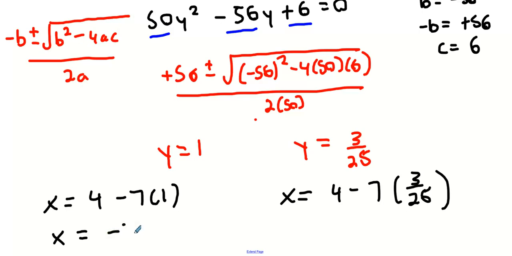Into the calculator, we get a minus 3, do we? And the other one? 3.16. All right. So that's 3.16, and this y value here is actually 0.12, is it?